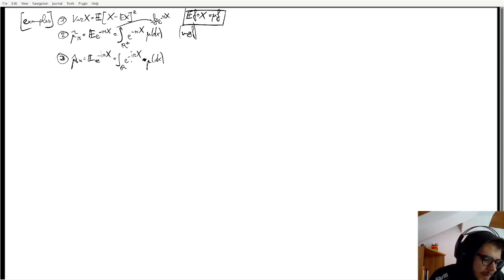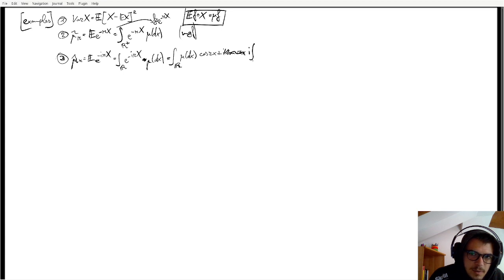Well, here it writes it more explicitly in the following way. Integral over r mu dx cosine of rx plus I, which multiplies the integral over r, mu dx sine of rx.